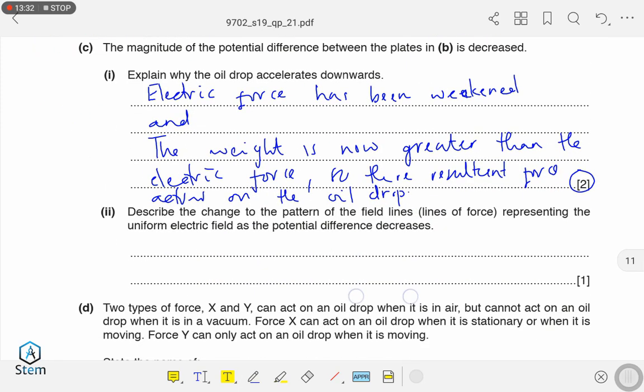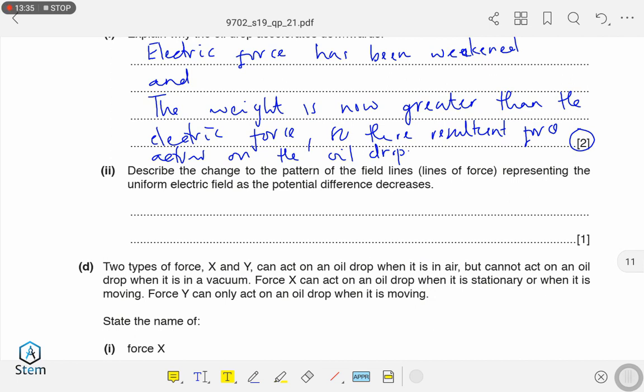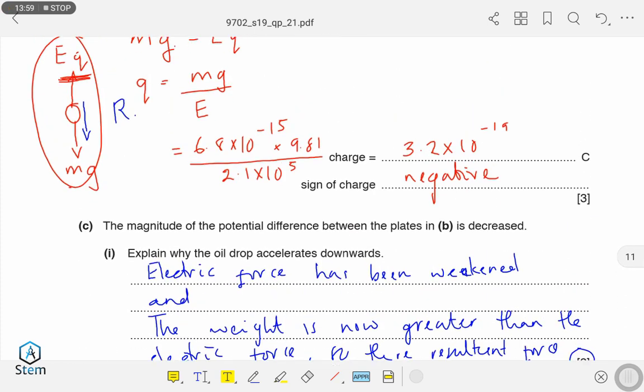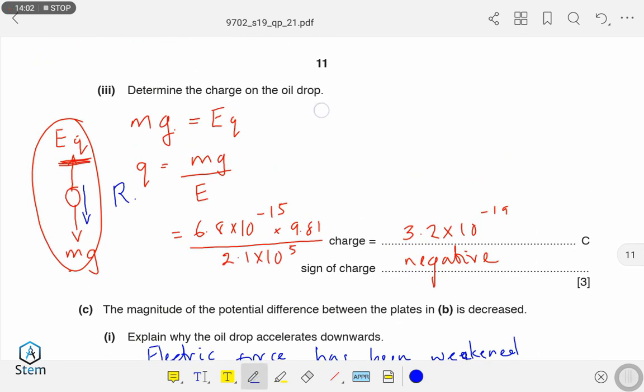Alright, describe the change to the pattern of the field lines or the lines of force representing the uniform electric field as the potential difference decreases. When the electric field strength becomes weaker, the electric field lines will become more and more spaced. Let me just draw two plates here. Let's say this is the positive plate and this is the negative plate.